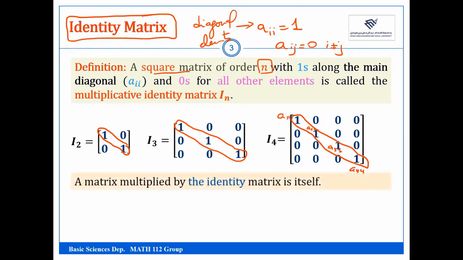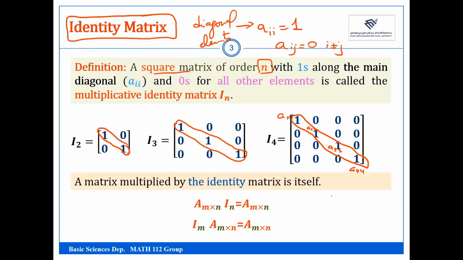If we multiply any matrix by the identity, to the left or to the right, it gives us the matrix itself. Then the identity plays the role of the 1 for the multiplication of scalars.